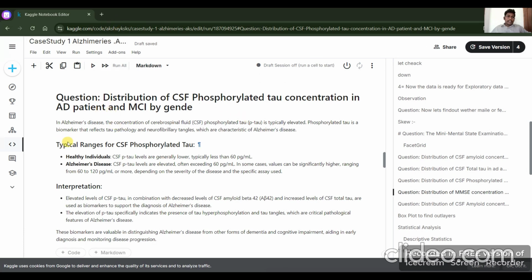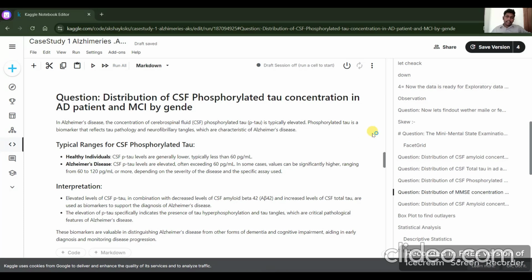Next, we discuss the next question: distribution of CSF phosphorylated TAU concentration in Alzheimer's disease patients and MCI by gender. In Alzheimer's disease, the concentration of cerebrospinal fluid CSF phosphorylated TAU is typically elevated.